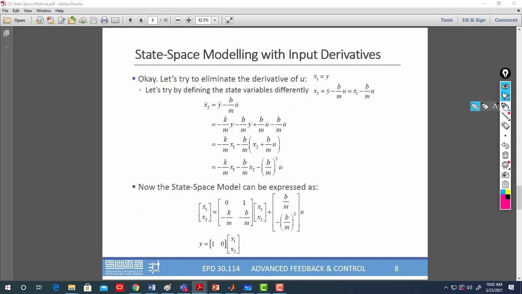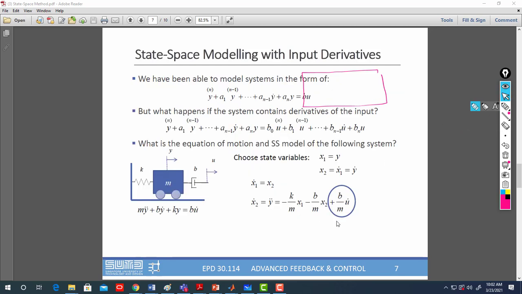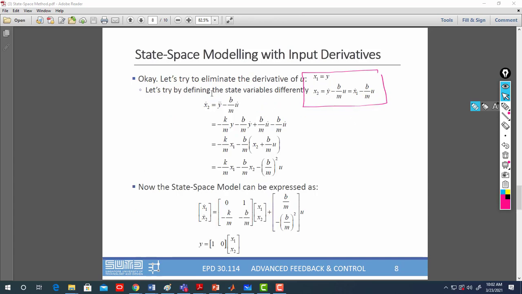So actually, what we take is the following as state variables x1 and x2. In a way, we want to eliminate this u prime. And therefore, if you look at it now, my x2 prime looks like this.